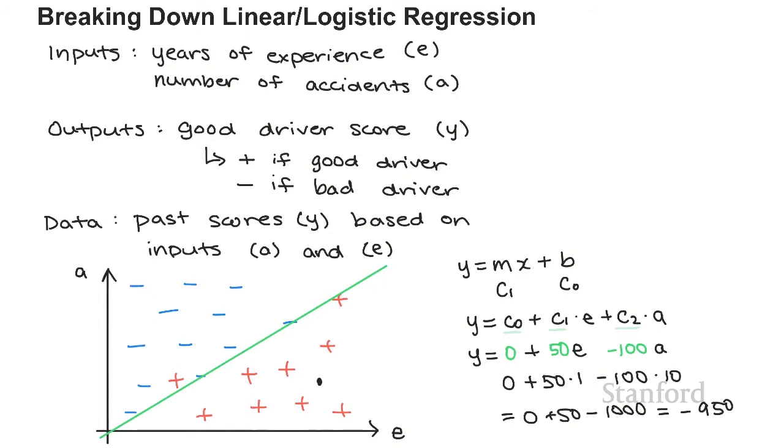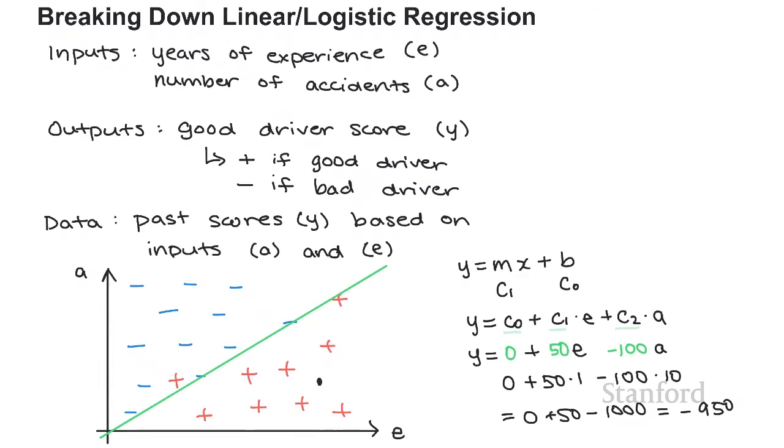And now we can apply this model to points that weren't even in our data to begin with. So do you remember this point over here, which wasn't in our data and we were just wondering what it should be? Well, now we can plug it into our model. So this corresponds to E being 9 and A being 2.